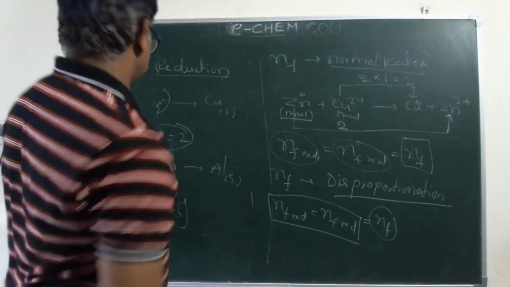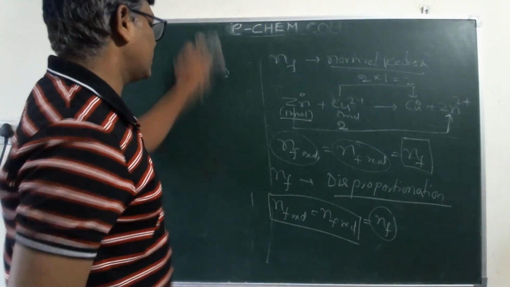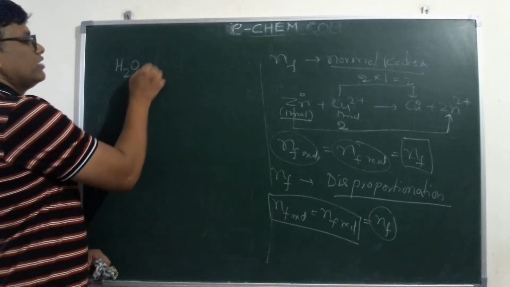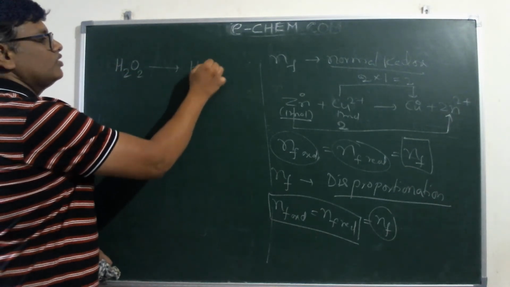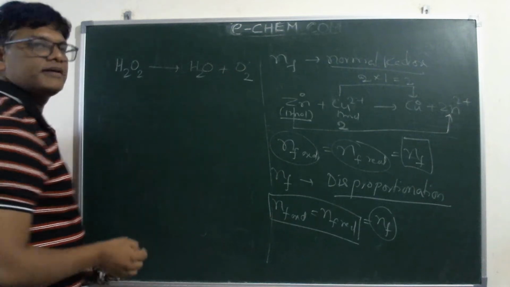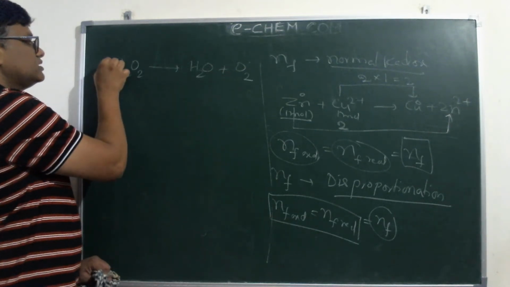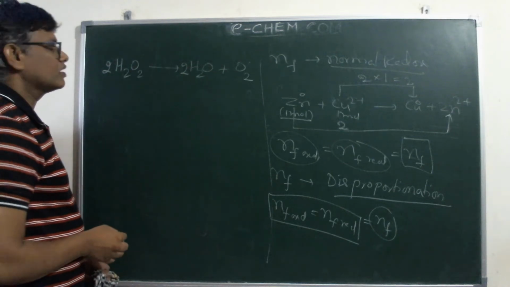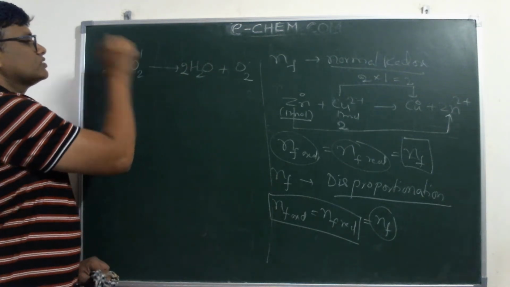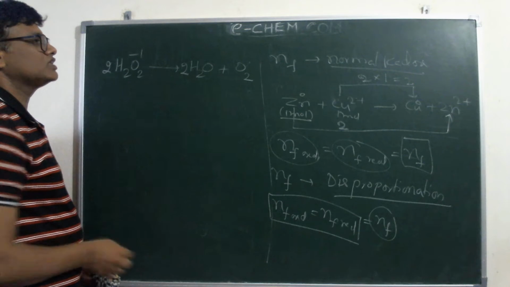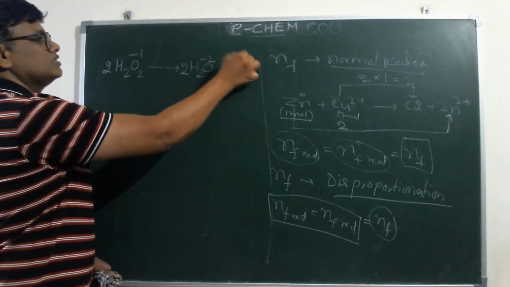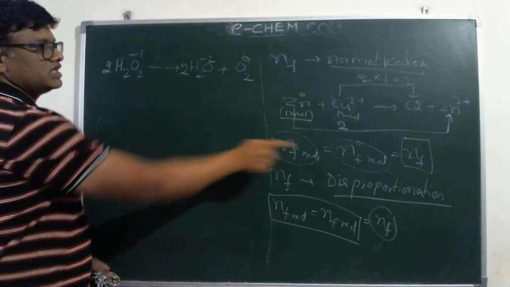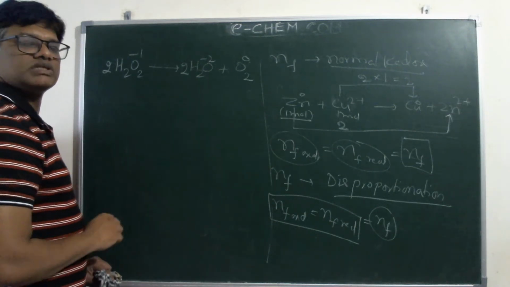Let's take one example: decomposition of hydrogen peroxide into water and oxygen. I am taking 2 moles of hydrogen peroxide. The oxidation state of oxygen in hydrogen peroxide is -1, in water -2, and in O2 0.